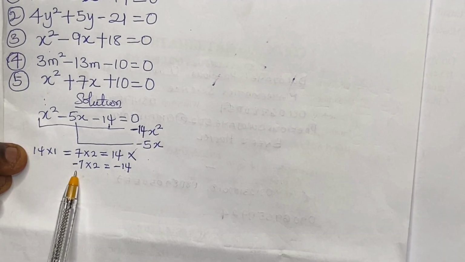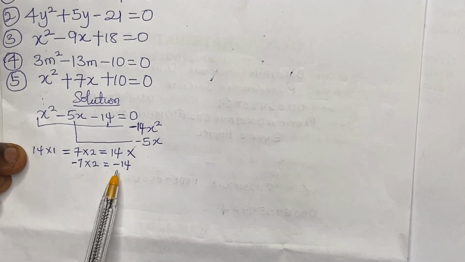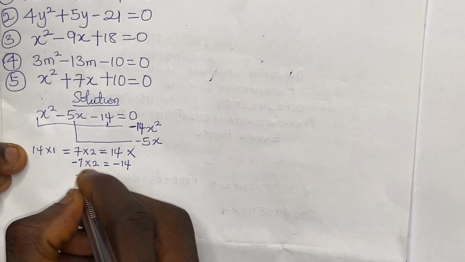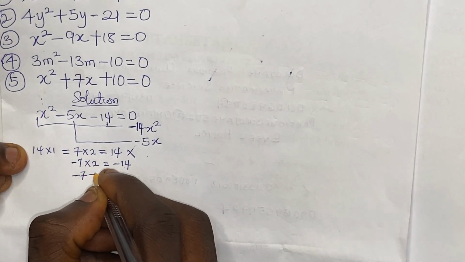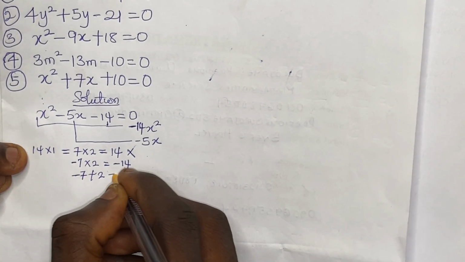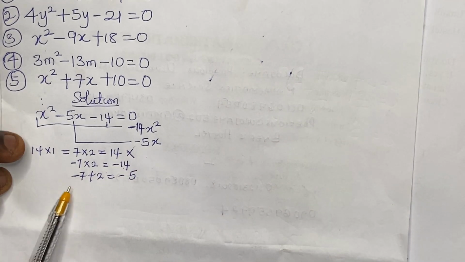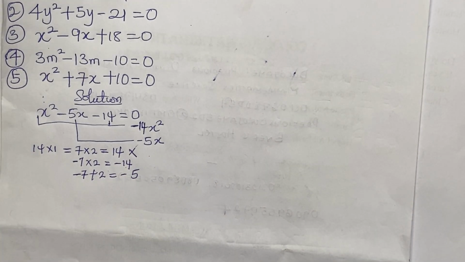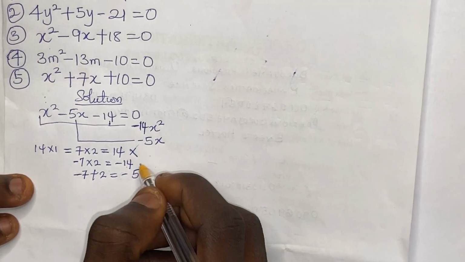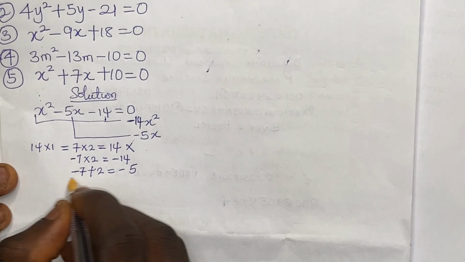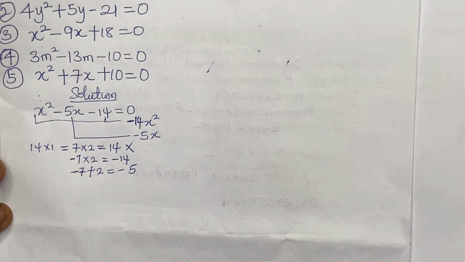So, I have already gotten minus 7 times 2 to give me minus 14. Now, minus 7 plus 2 will give us what? Minus 5. You can see that when I use minus 7 and plus 2, it gives me the value that I want. That means the factors here are minus 7 and 2.